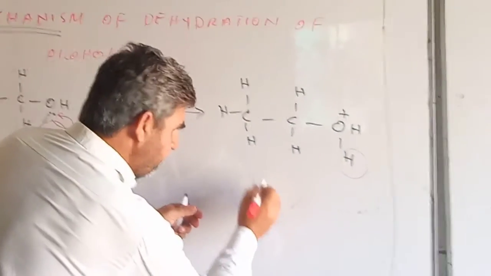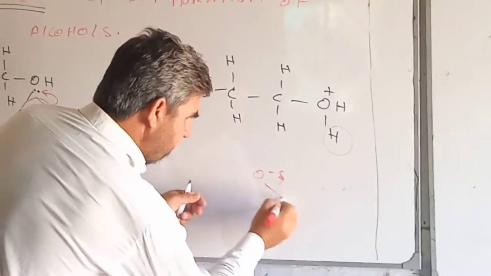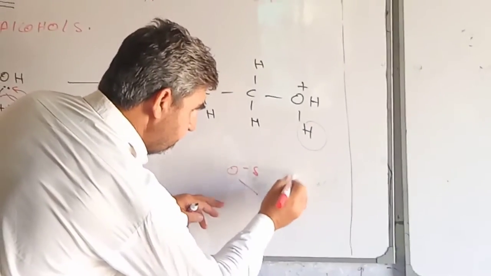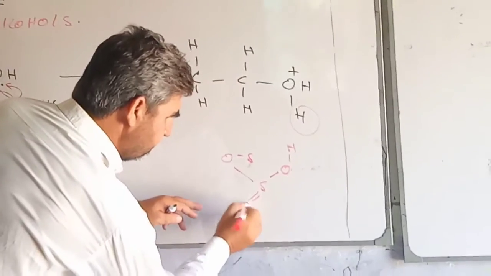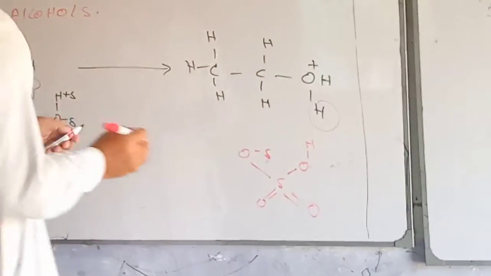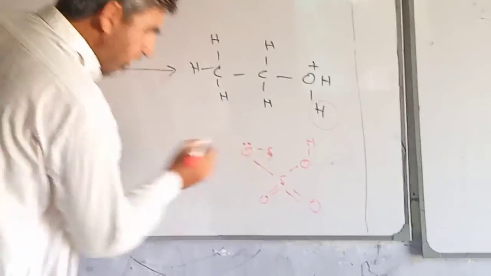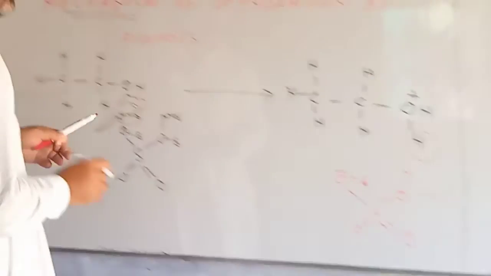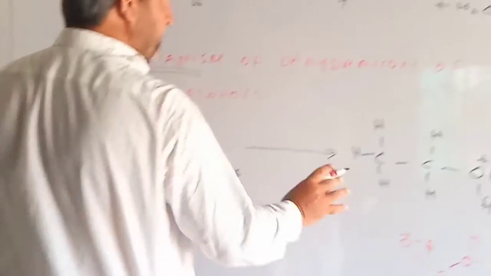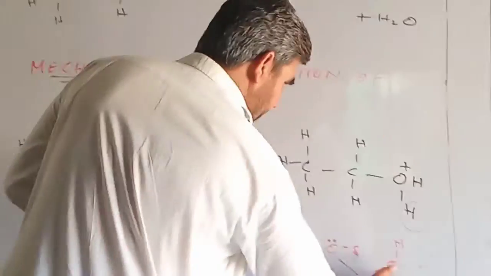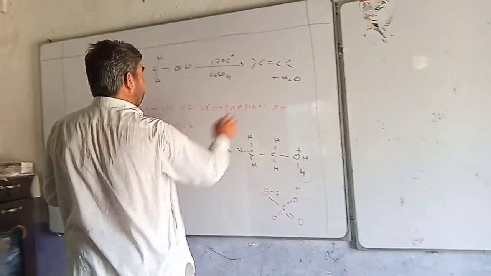Now it carries a lone pair of electrons. So in the next step we are going to form the alkene.